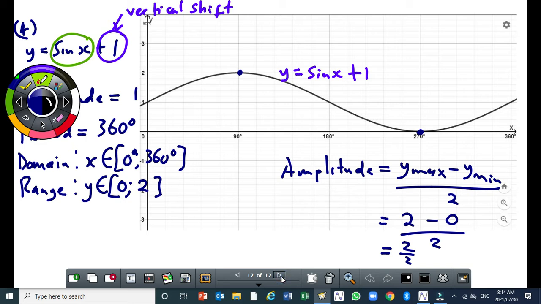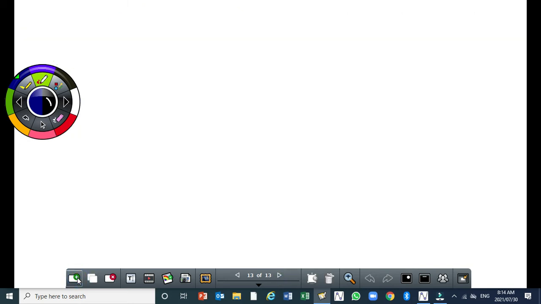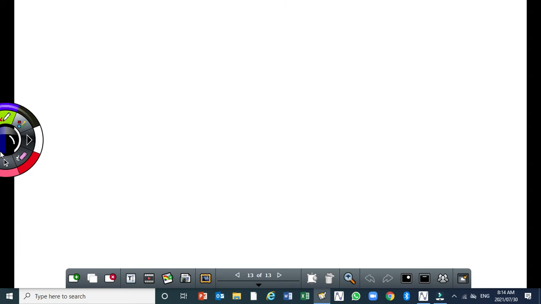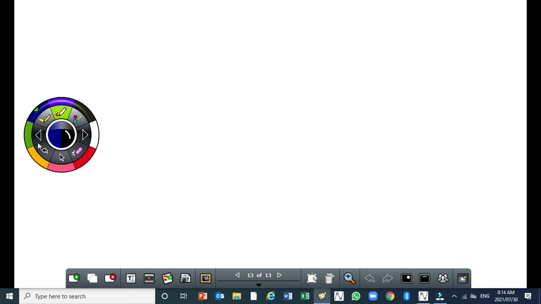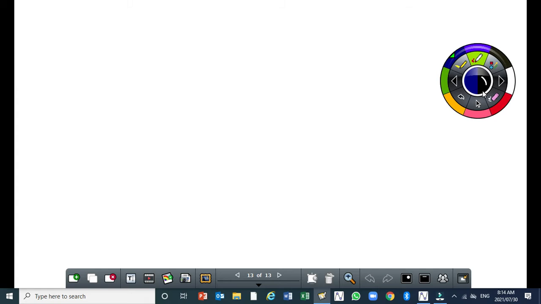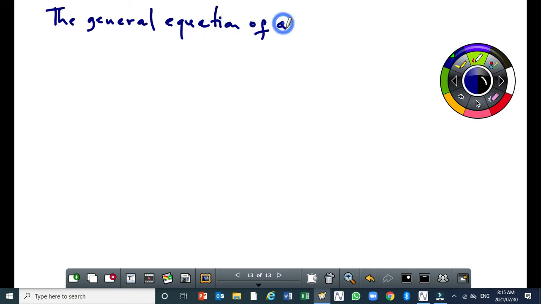All right. So let me talk about horizontal shift, sorry, vertical shift rather. But before I do that, I realize that I might need to talk about the general equation. The general equation of the cosine graph.